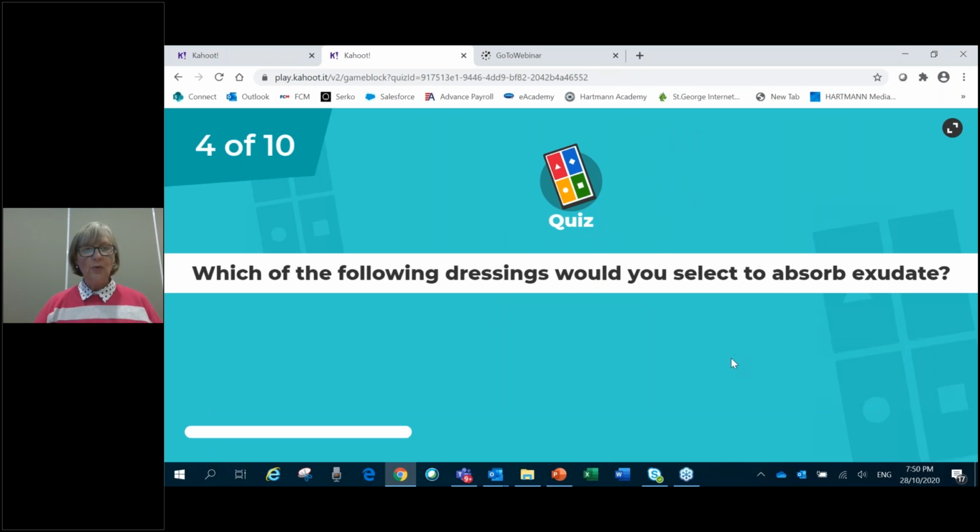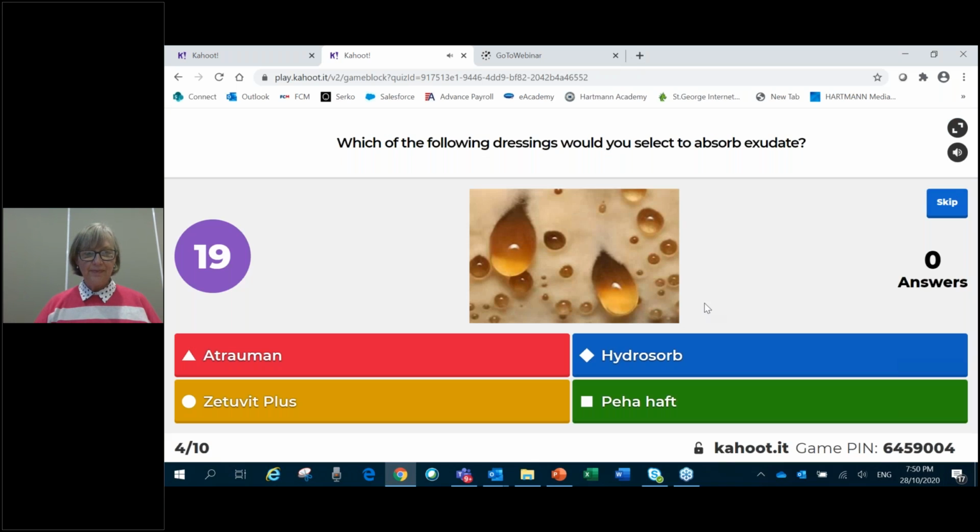Next question. Which of the following dressings should you select to absorb exudate? Atrauman, Cetuvit Plus, Hydrosorb, or Pearhaft?